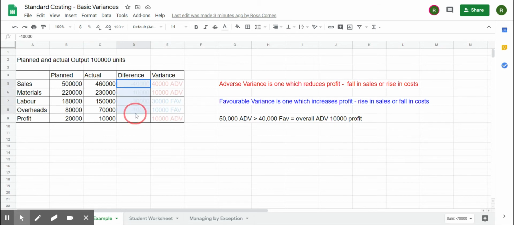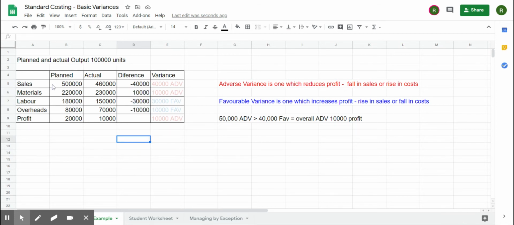And don't worry too much here about whether it's a positive or negative number at the moment. We'll talk about that in just a moment. So it's 40,000 difference between the sales. It's actually down. The materials cost has actually gone up. The labour costs have gone down, and so have the overheads.